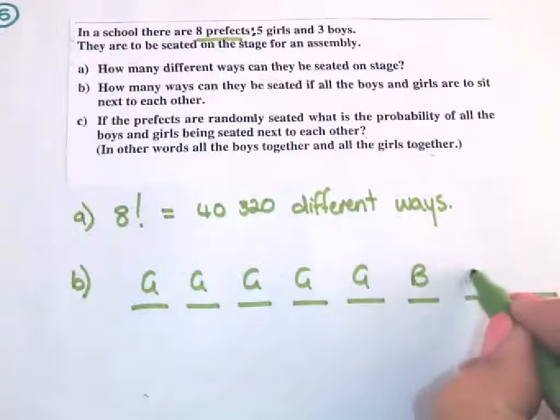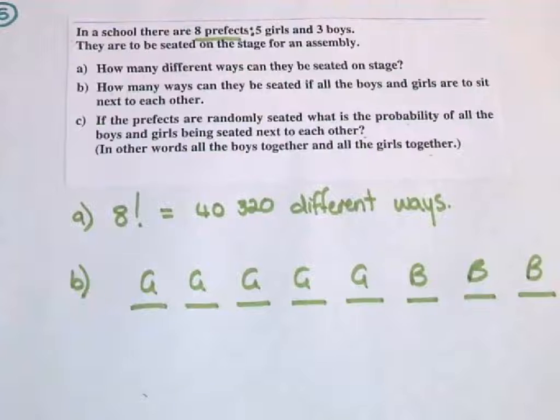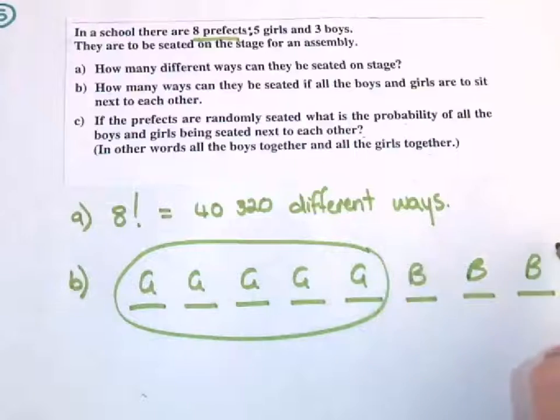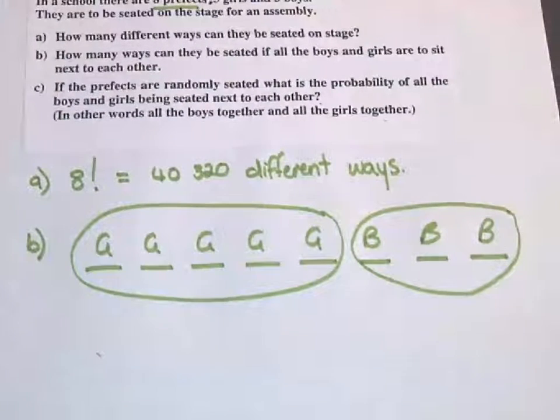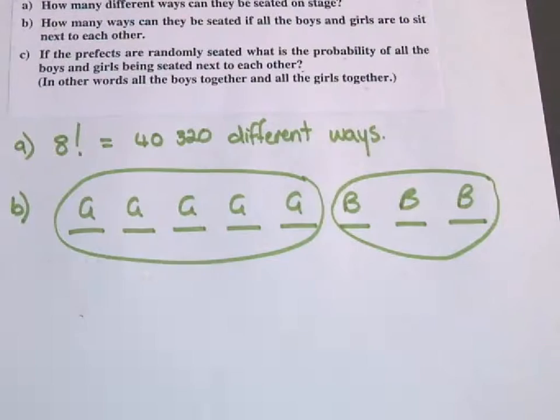And 3 boys. They want to sit together, so we have units. 1 unit and 1 unit. How many different ways can these 2 units be arranged? 2 factorial.